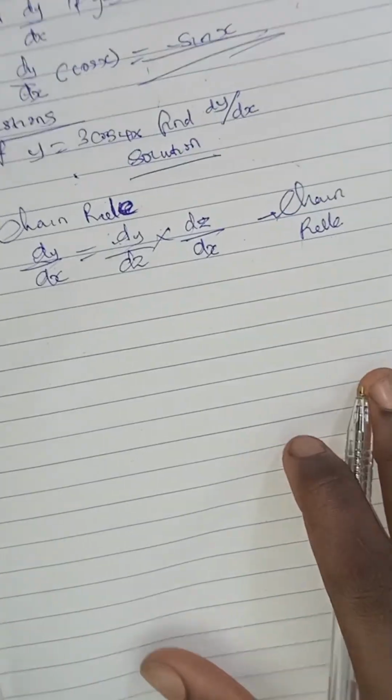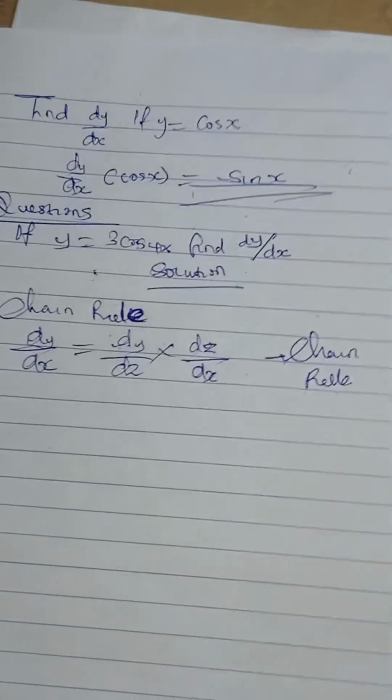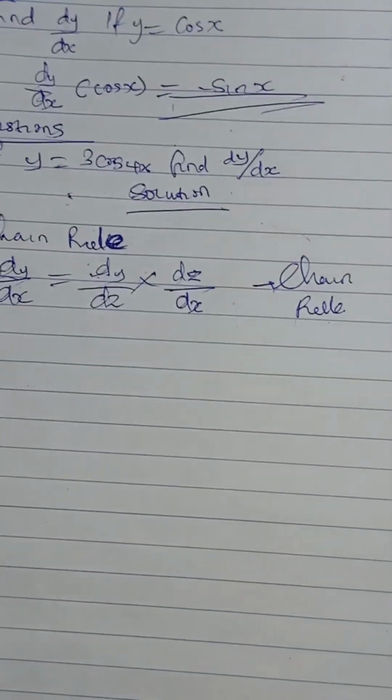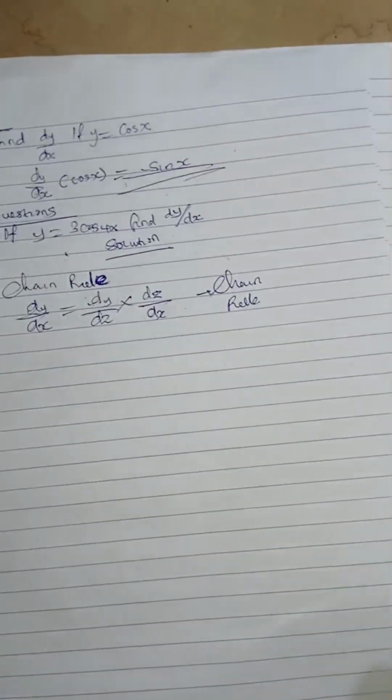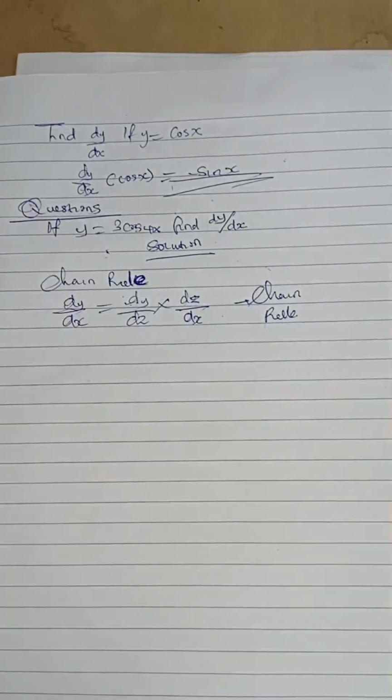Okay, so to solve this problem with the chain rule, you have dy over dx is equal to dz over ds times... So to solve this kind of problem, you use the chain rule.